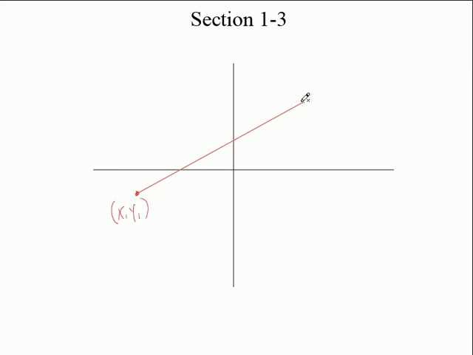This point right here would be called x2, y2. Put a comma in between. All right, I want to find the midpoint. You with me? So where do you think the midpoint is? Stop me where you think the midpoint is. Right around in here? Okay, that's pretty close. We'll make it big. Okay, so it's probably around in there somewhere, isn't it? Now, how do you find that midpoint?